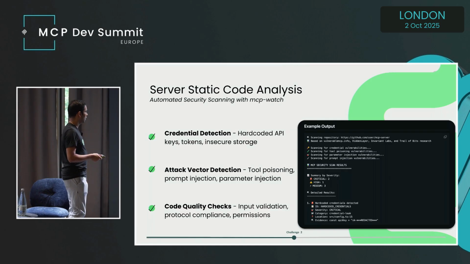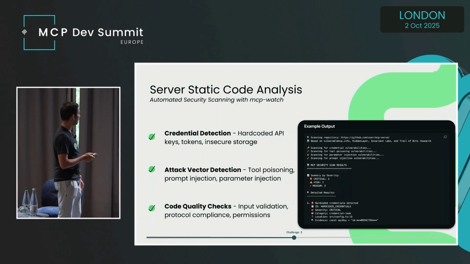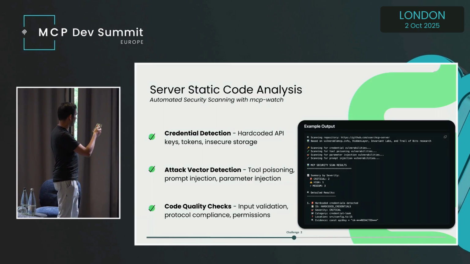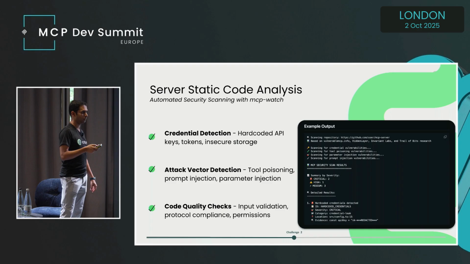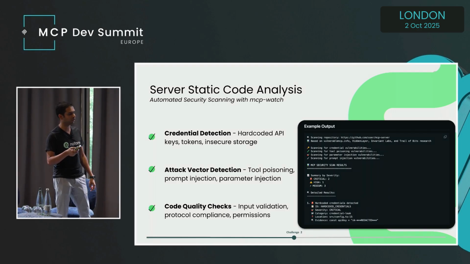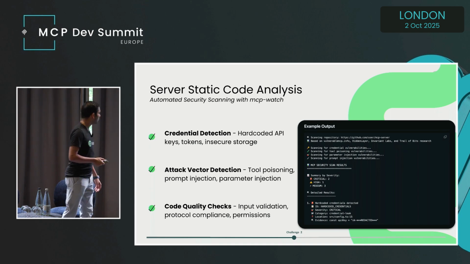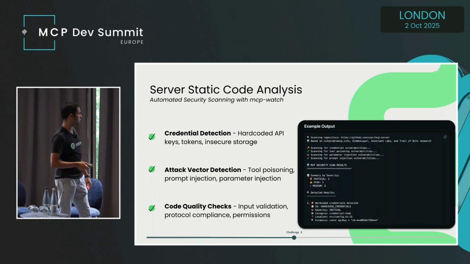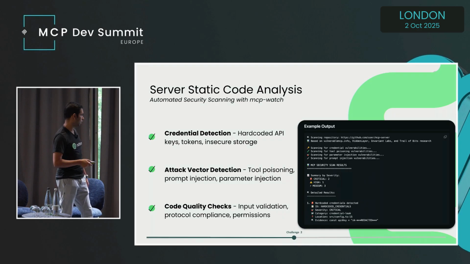Then there are code quality checks, such as whether the server is using API tokens via environment variables, and validation of that. For protocol compliance, we still need to fine-tune this because the protocol has been evolving quite a bit.